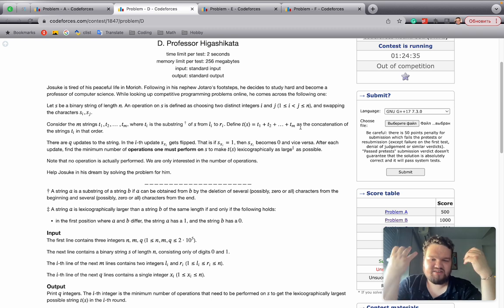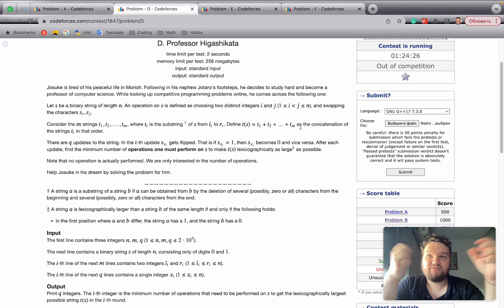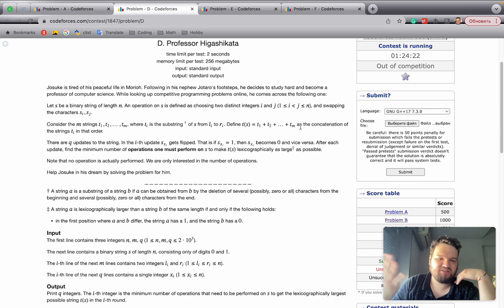And then we have some ones, we have some zeros. All that we can do is some swaps, so we cannot change the amount of ones and zeros. We want to make the lexicographically maximum string, so we just want to put all the ones in the beginning. And how many swaps do we need to do that? Well, we know how many ones we have. We can maintain that. So we know on which prefix we should put ones.